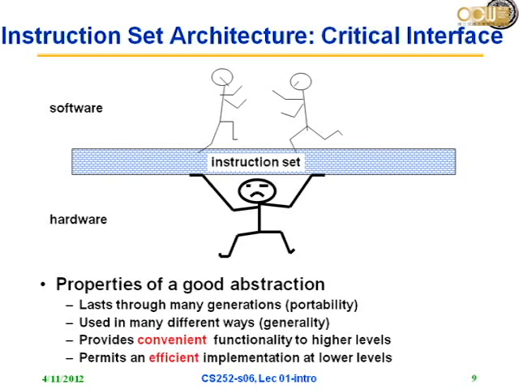A good instruction set can be used in many different ways, so we call it general purpose. This is true for general purpose designs, but it may not be true for special purpose designs. If I switch to another kind of processor, like graphics processing units, what do you mean by in many different ways? Does it mean graphics and video and security encryption?